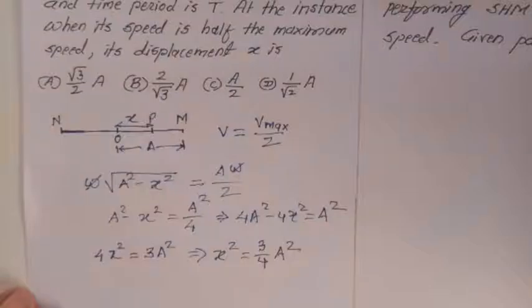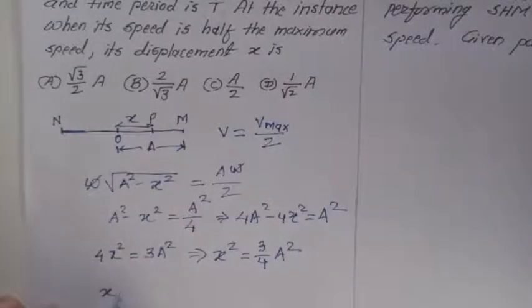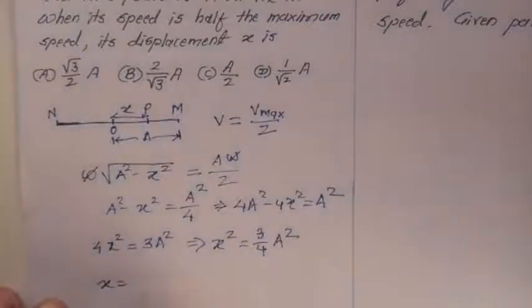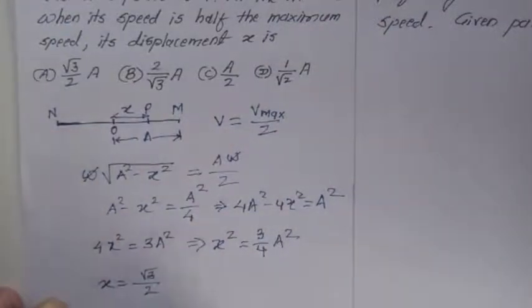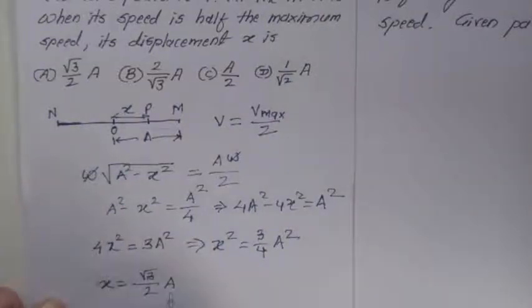We have to find the distance x, so taking the square root, x is equal to under root 3 upon 2, because square root of 4 is 2 and square root of a square is a. From this equation we get x is equal to under root 3 upon 2 into a.